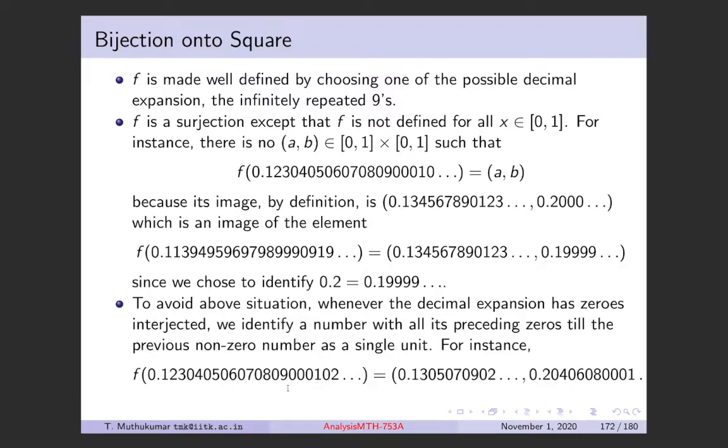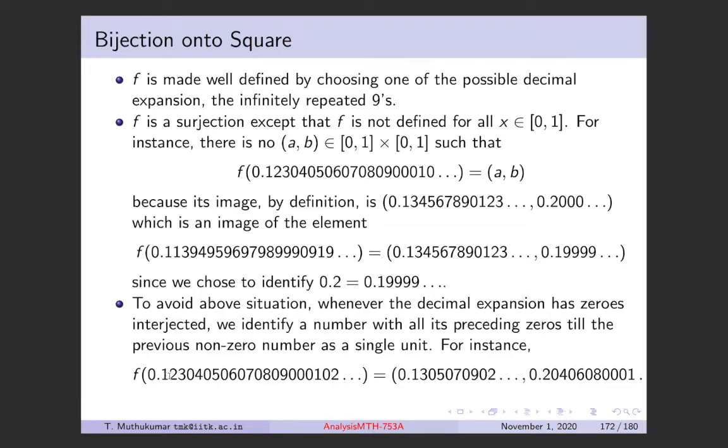Whenever you have such a situation, you think of 1 as the number in the first position, the second position is 2, the third position is 3, ideally the fourth position is 0, but now we will take 0 and the first non-zero number after 0, which is 4 here. Together we treat this as one unit and call this the fourth position.